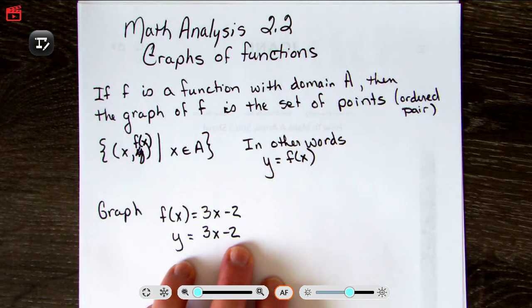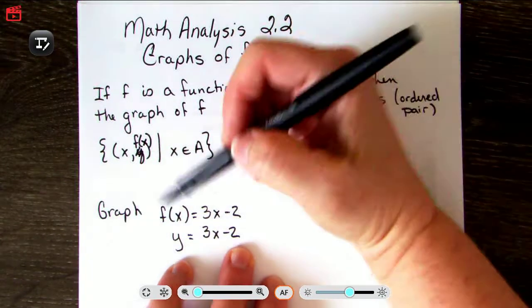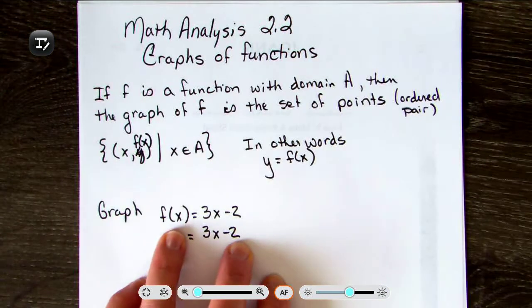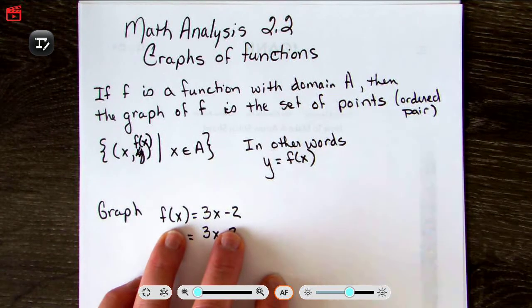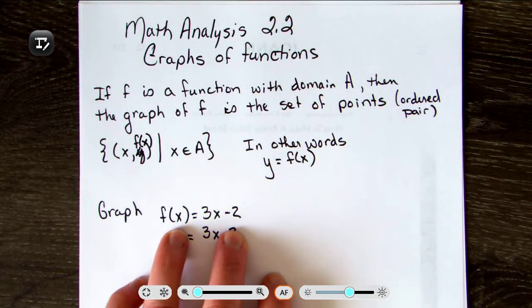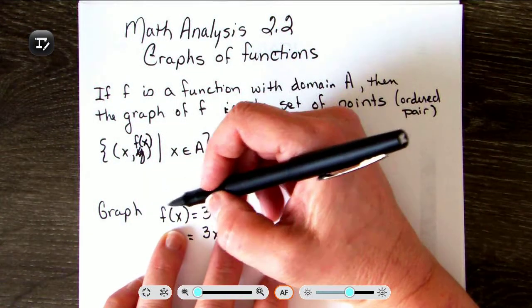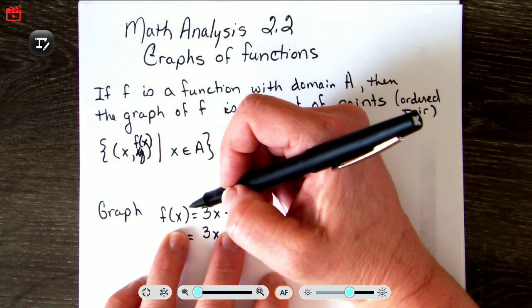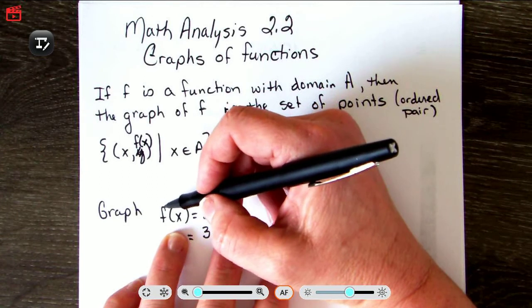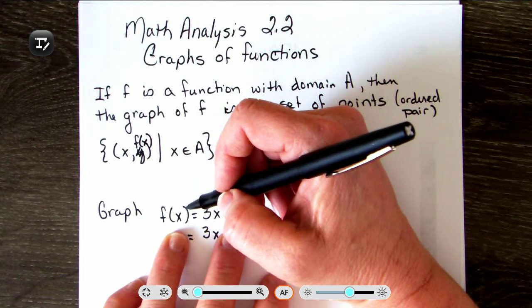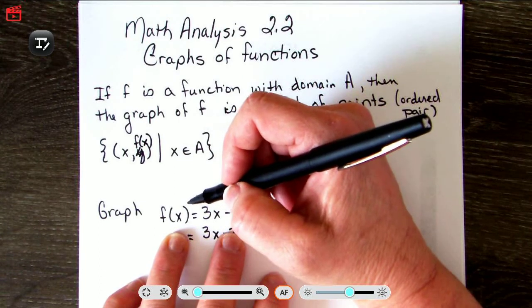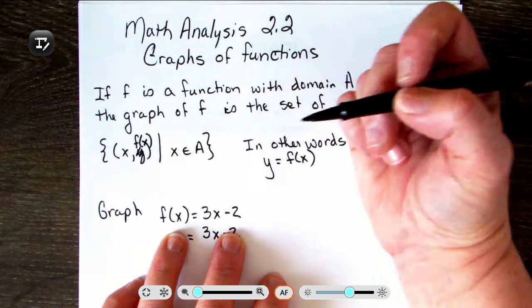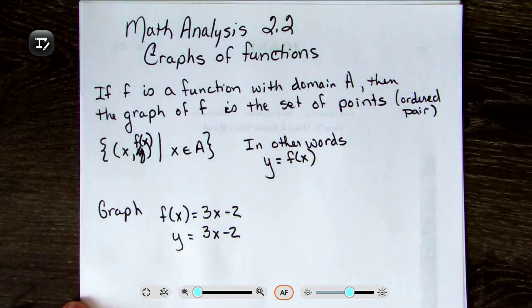I do want to put a little bit of history on here. f of x is a notation that was actually used by Sir Isaac Newton. You may have heard of Sir Isaac Newton. He is one of the founders of calculus. And he is the one that did come up with this f of x notation, this function notation that we're using. Another mathematician that was also around at the same time of Sir Isaac Newton was a guy by the name of Leibniz.